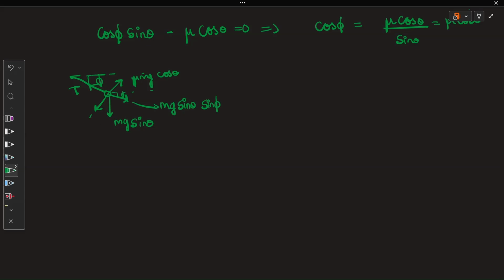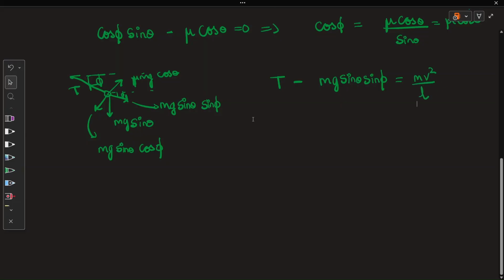Okay. Here what I get is mg sin theta into cos phi. Now the tension force T minus mg sin theta sin phi is nothing but m v square by L. This is the centripetal force.